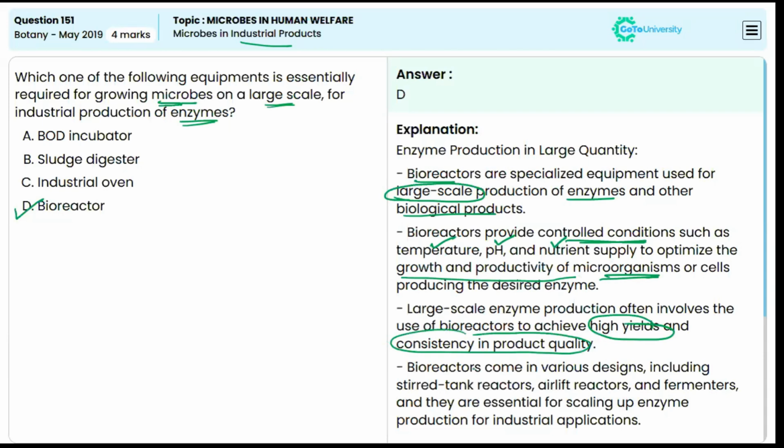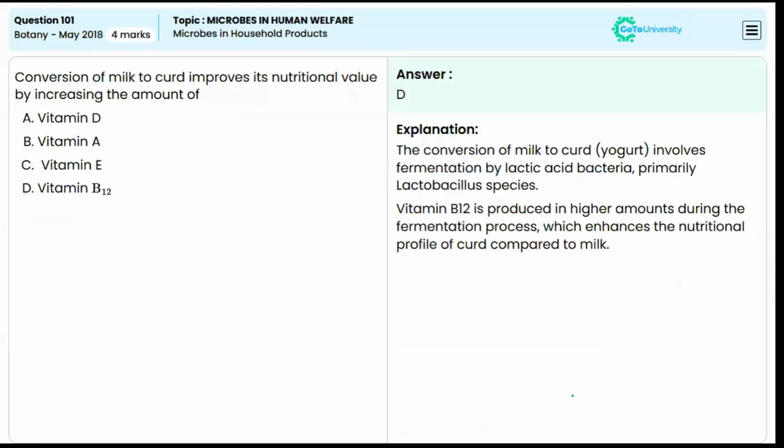The bioreactors also come in various designs including stirred tank reactors, airlift reactors and fermenters, and they are essential for scaling up enzyme production for industrial applications. So this was additional information regarding bioreactors.